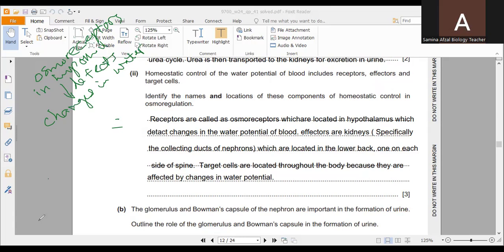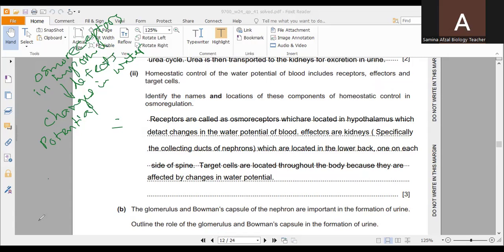What is the function of receptor cells? They detect the changes. Receptor cells will always detect the changes. In this case, the osmoreceptor cells will detect the changes in the water potential.